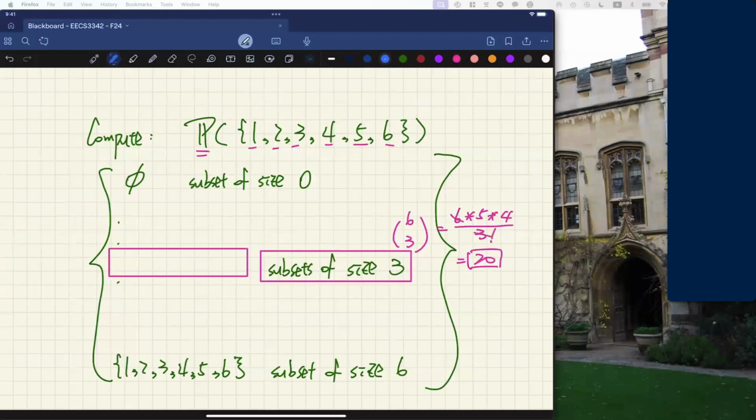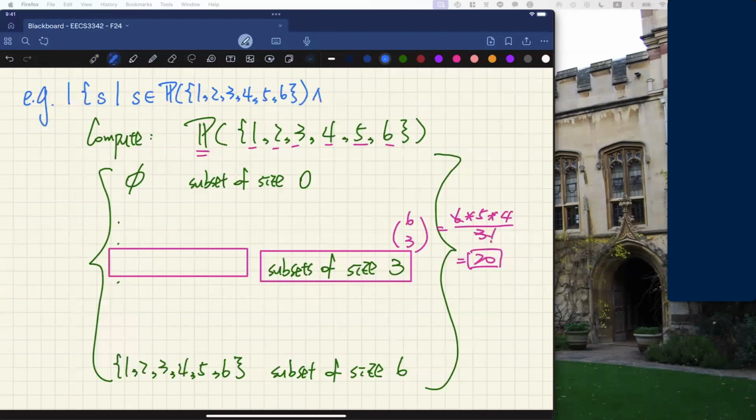Let me write it down for you. So how about this, for example? Let's say I want to get a cardinality of some set S such that S is a member of the power set of {1, 2, 3, 4, 5, 6}. Okay, this will be a nice example here. So let's now complete this.